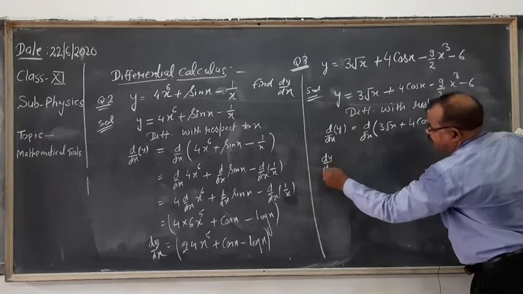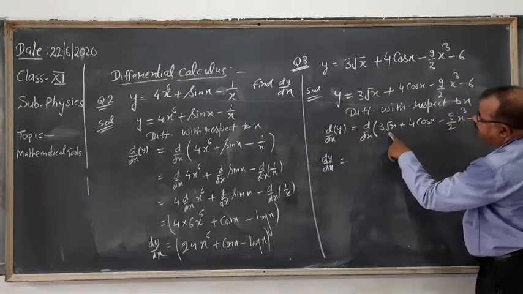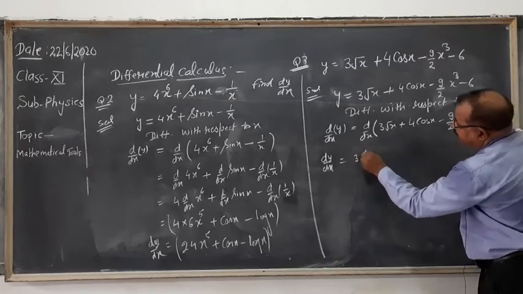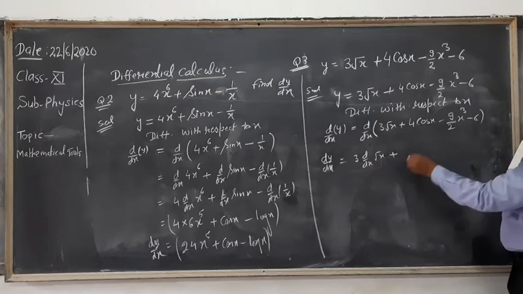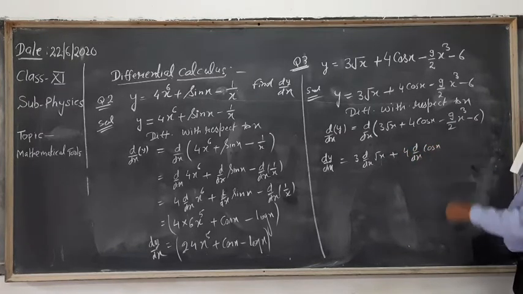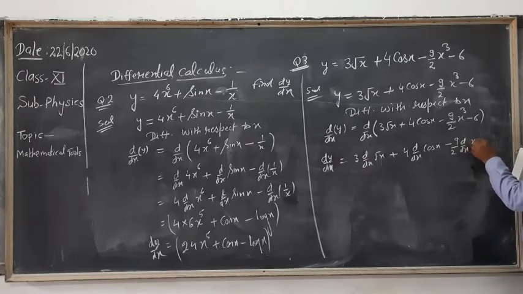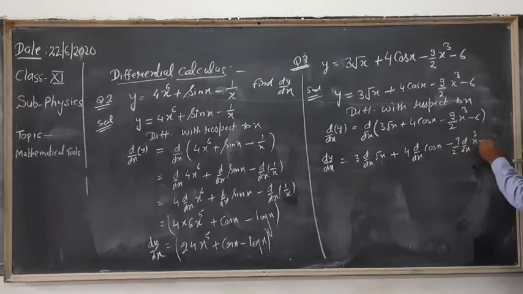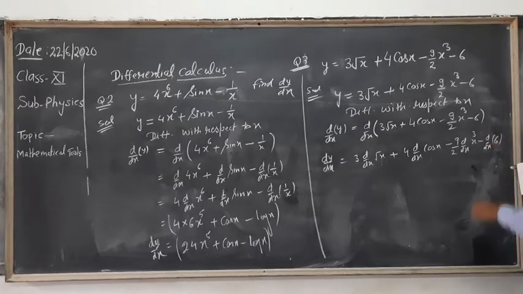dy by dx equals, directly we write here 3 d upon dx of root x, and second term 4 into d upon dx of cos x, and the third, minus 9 by 2 d by dx of x cube, and minus d upon dx of constant 6.